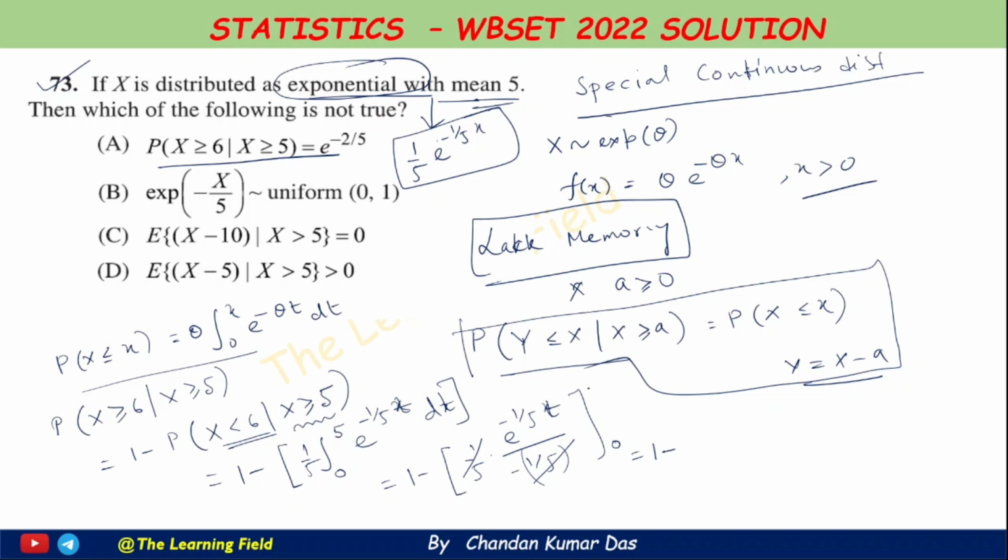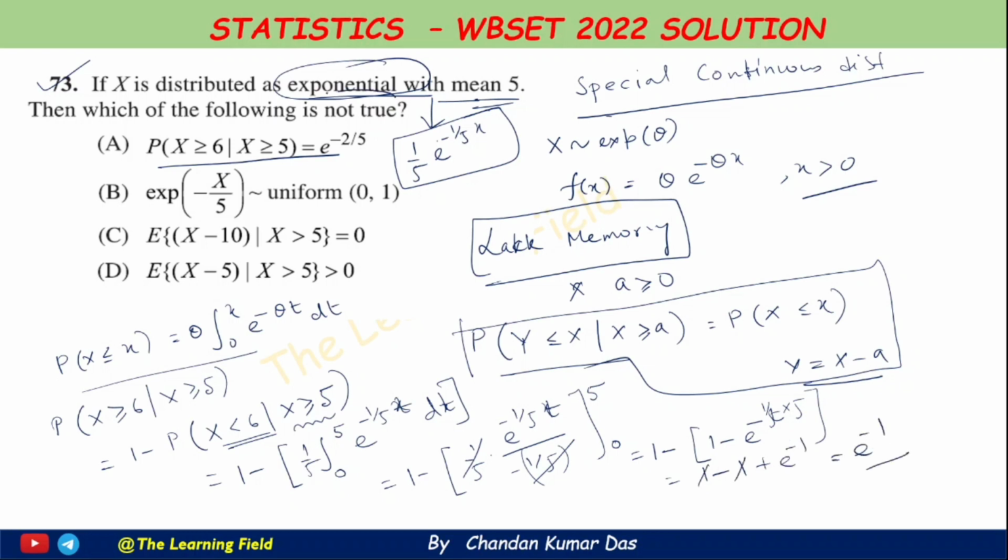This is the integration from 0 to 5. So this is 1 minus exponential minus 1 by 5 into 5, which is 1 minus 1 plus e to the power minus 1. So this is simply e to the power minus 1.